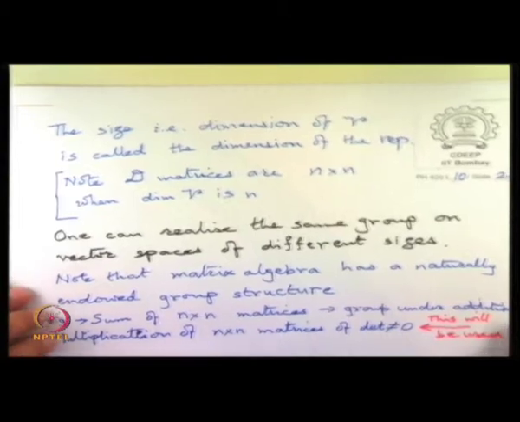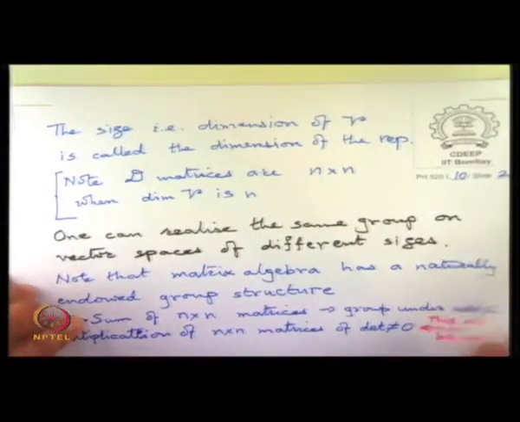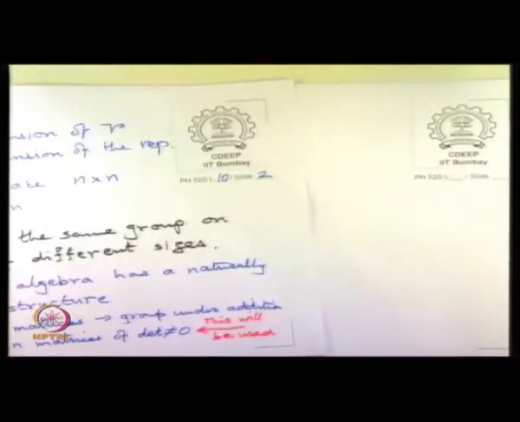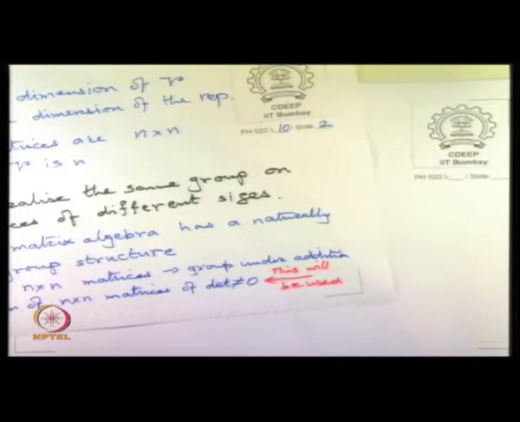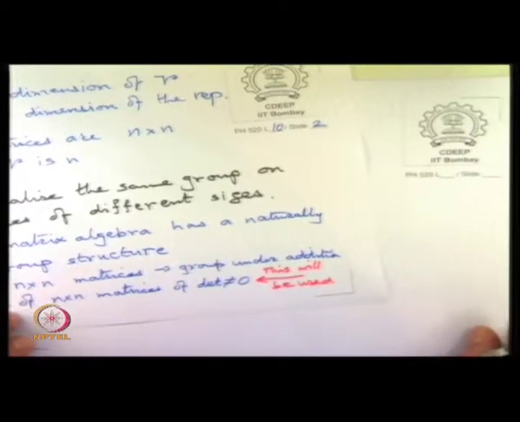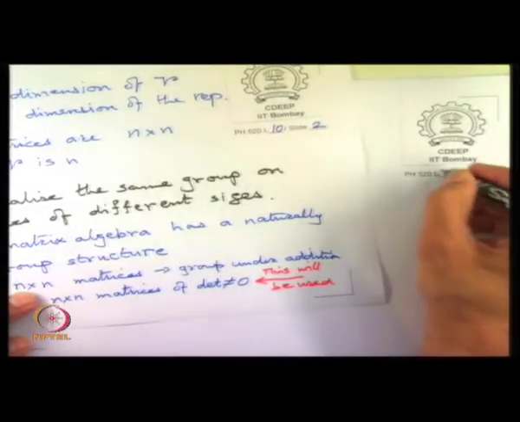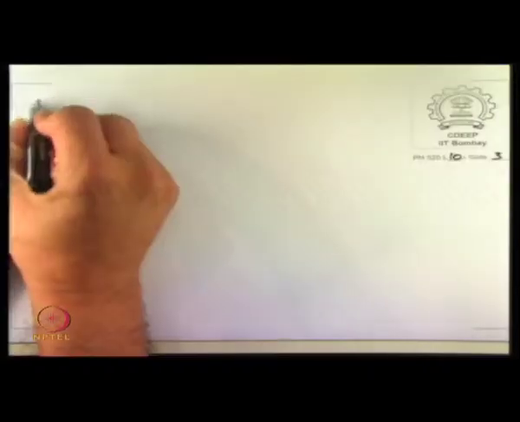So we call this set, in the more abstract sense, in the linear algebra sense, the matrices form a general linear group or the general linear group.